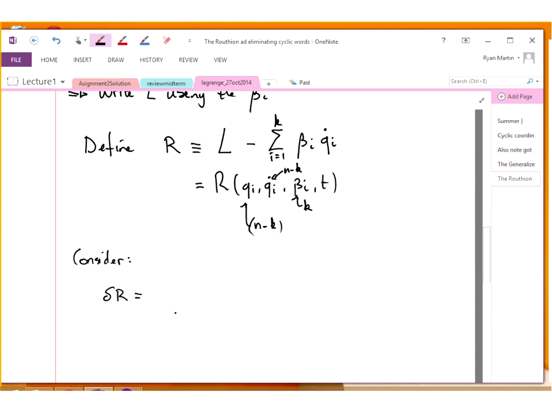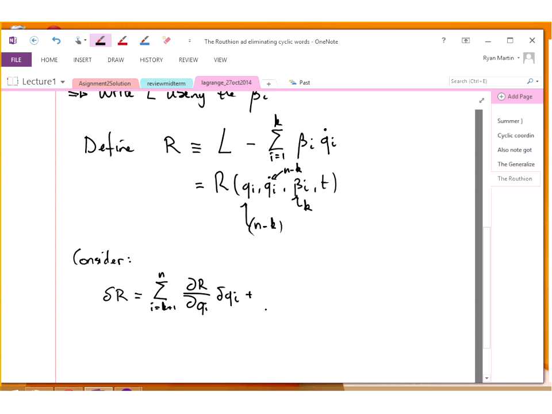So we have the sum from i equals k plus 1 to n of ∂R/∂qi δqi. R depends on the qi's, but the only ones that appear are the ones from k plus 1 to n.